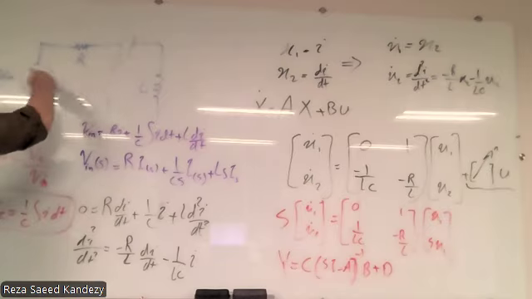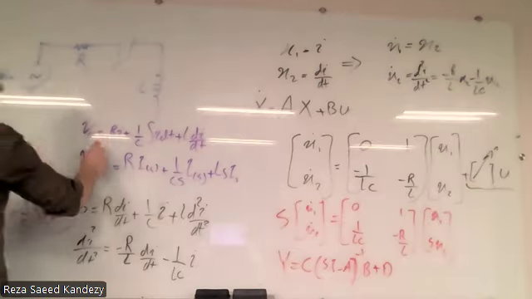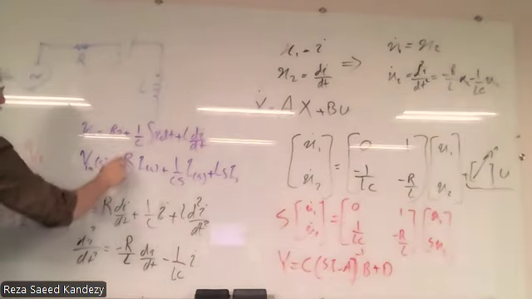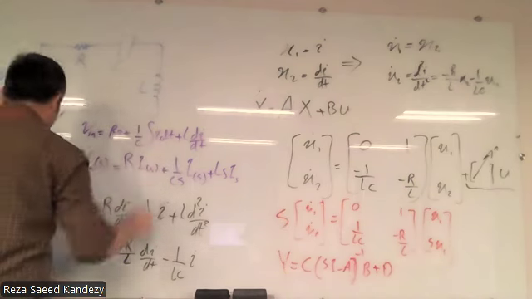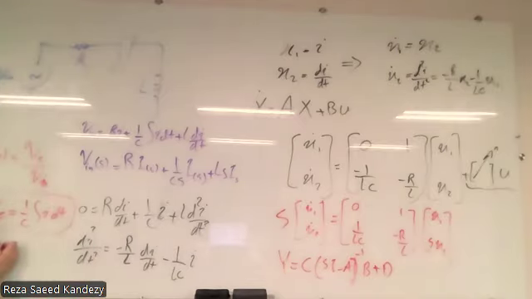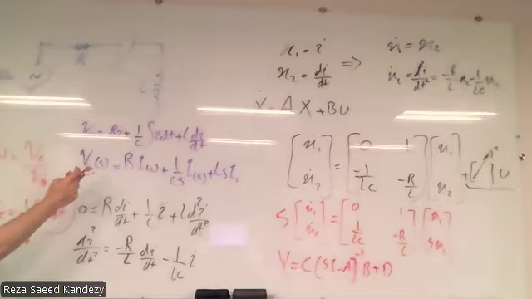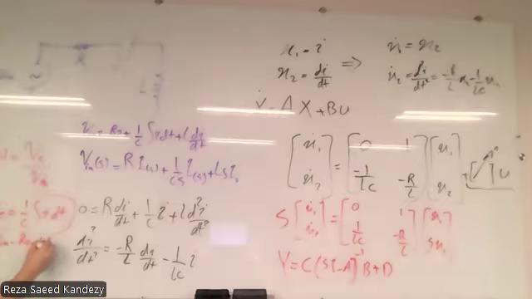We can use the KVL to find this: Y is going to be equal to the V in minus Ri minus L di/dt. Are we good?